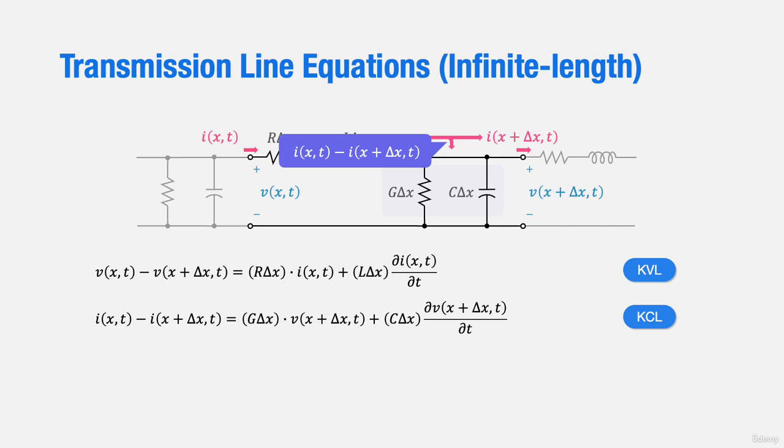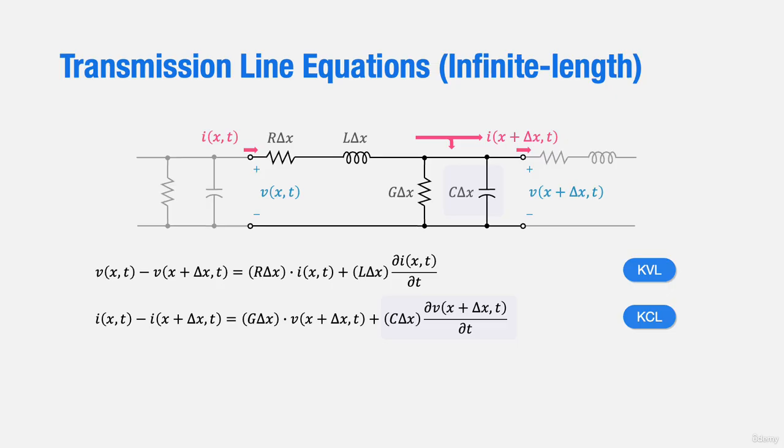This current is equal to I of x, t minus I of x plus delta x, t, and is the sum of the currents flowing through the two components G times delta x and C times delta x. One of these currents is V of x plus delta x, t multiplied by G delta x, while the other is C delta x multiplied by the partial derivative of V of x plus delta x, t with respect to time t.